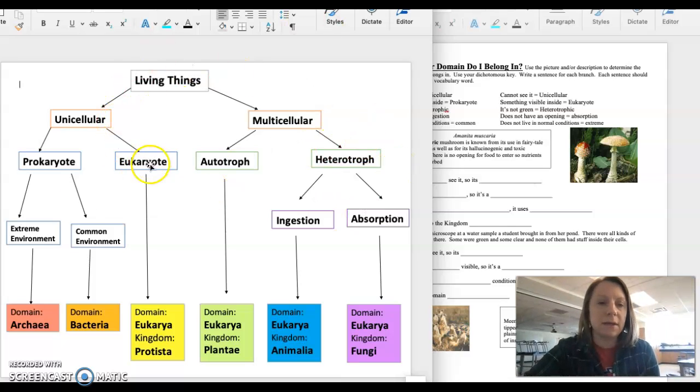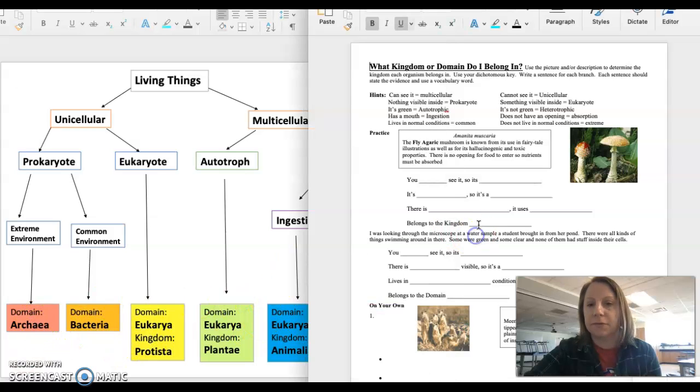So this dichotomous key is going to separate all things that are alive into one of these 6 kingdoms or domains. So let's start with the first one. Actually, let's start with the hints. These hints, so like if you can see whatever organism we're talking about, it must be multicellular, because if you can't see an organism, it's going to be single-celled.